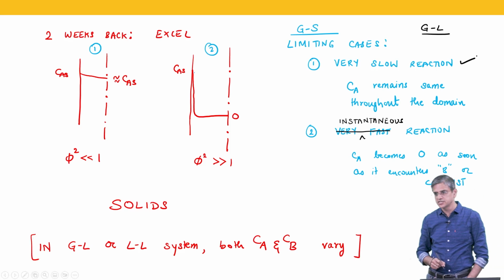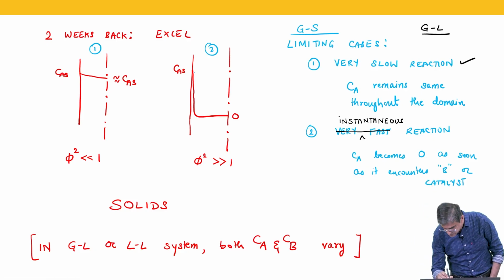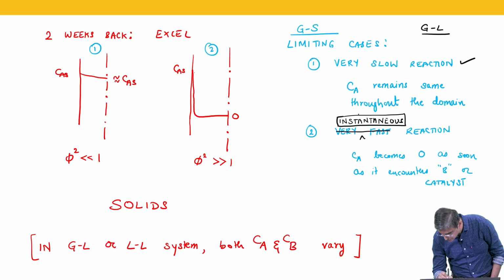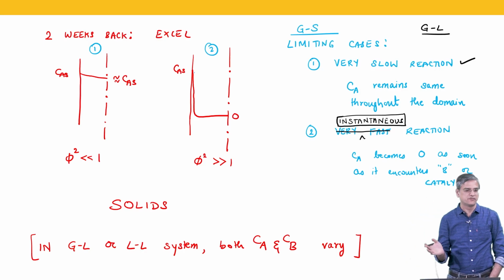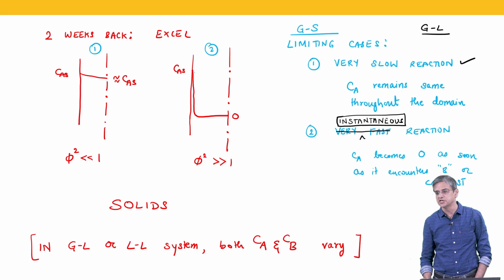Very slow reaction case will be one limiting case. The instantaneous reaction case for gas liquid will be the other limiting case, and then you have the cases that are intermediate between the two.